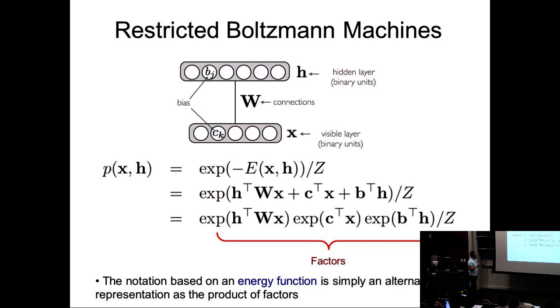The negative of the energy itself has this particular formulation, which is in matrix form. It's H transpose Wx. Right? H is the set of hidden variables, X is the set of visible pixels, since everything is connected to everything. And then you have these bias terms, C transpose X, which is the biases for every single pixel in X, and B is the bias for the hidden states.